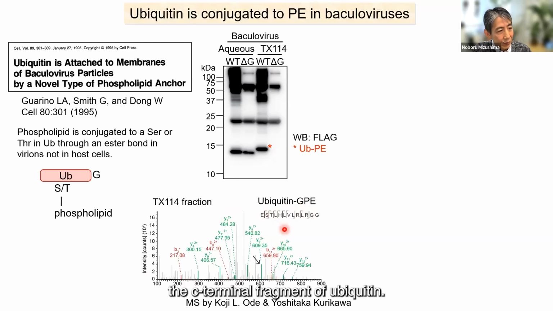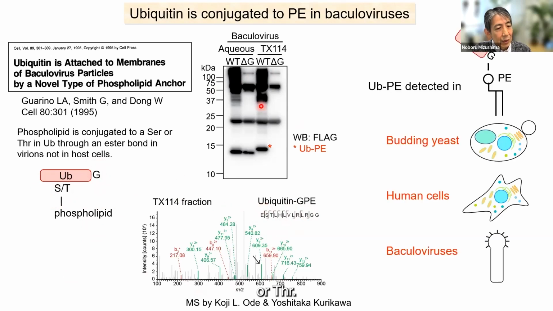So this data suggests that the phospholipid PE is conjugated to the C-terminal glycine, not to the internal serine or threonine. So our data suggests that ubiquitin is conjugated to PE in budding yeast, mammalian cells, and baculoviruses.